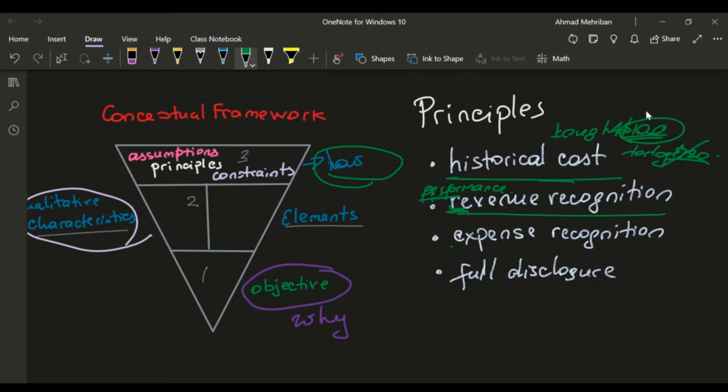Now, the expense recognition is closely related to our revenue recognition principle, and in American textbooks you will see it as the matching principle. This means that, generally speaking, you match your expenses to your revenue.